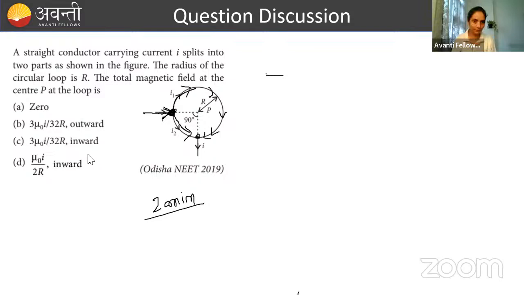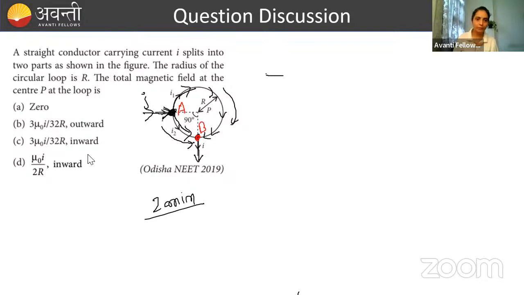At this point, I1 is coming from this side, I2 is coming from this side, so I1 plus I2, again I is going out. So I enters at this point. Understand the question first: I enters at point A and I leaves the circuit at point B.